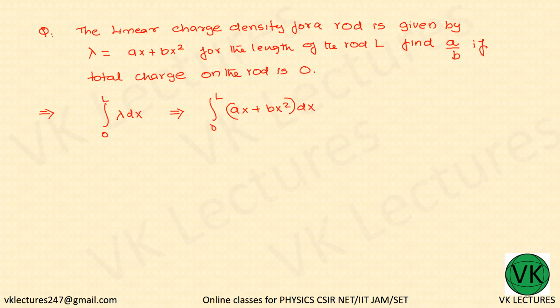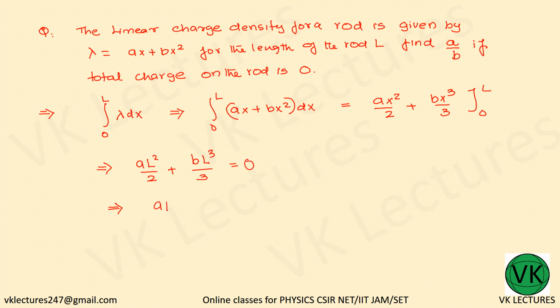Now that gives us ax square by 2 plus bx cube by 3 with the limits 0 to L. Now this gives us al square by 2 plus bl cube by 3. Now the total charge is equal to 0, so al square by 2 is equal to minus bl cube by 3.